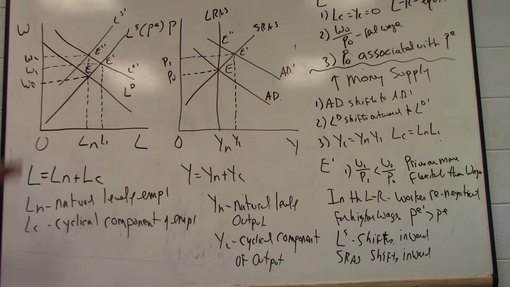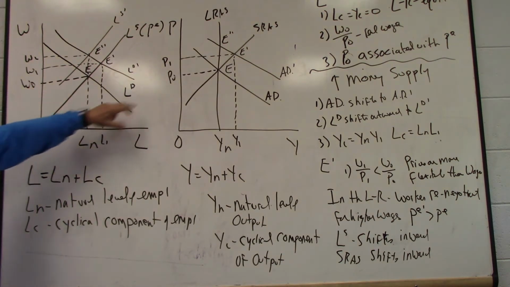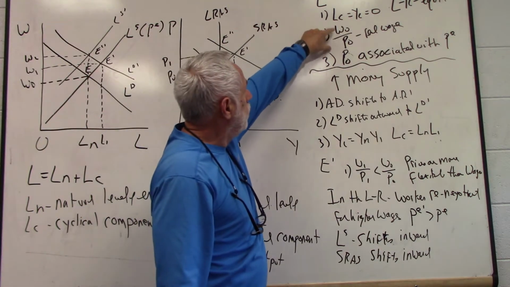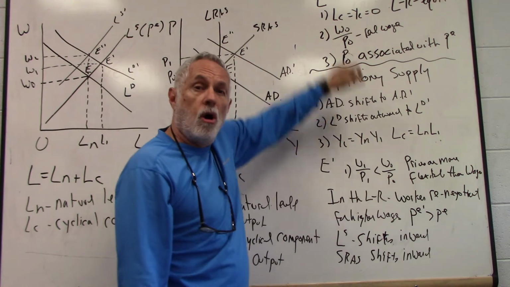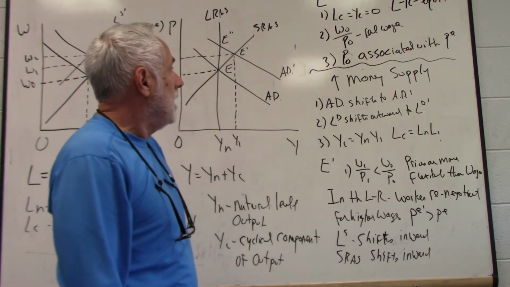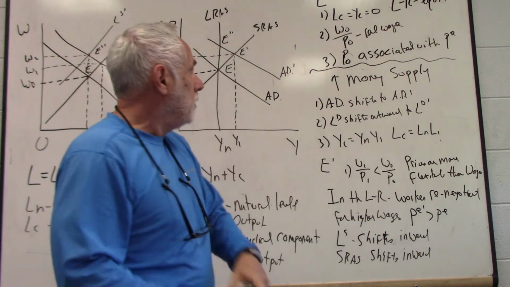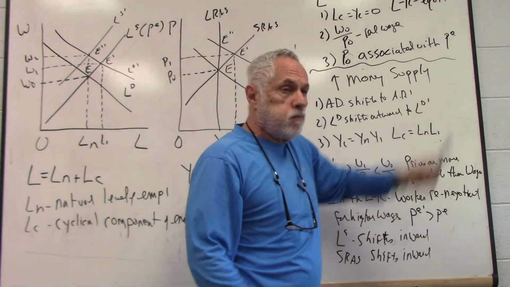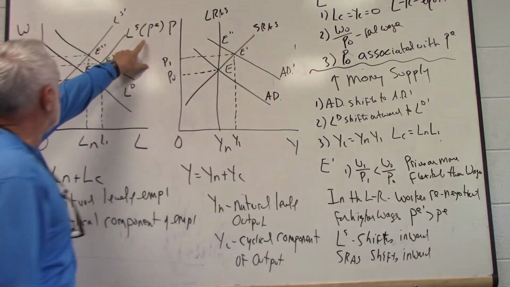Okay? And what we also notice is the wage rate is W0. The price level is P0. So what we have in long run equilibrium is the real wage is W0 over P0. Okay? And then, as we talked about, this price level P0 is associated with some expected price level, which is PE, right there.